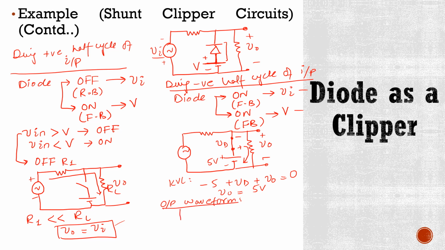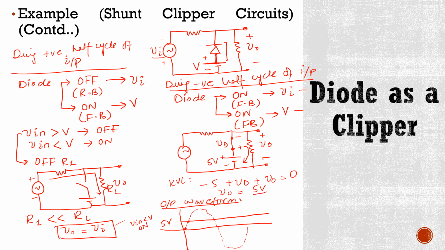We know that our input signal was like this, and if this is our transition voltage, which is 5 volts, we know that when V in is less than V, that is 5 volts, the diode will be on. It means from this point to this point the diode will be on, and when the diode is on, V naught is 5 volts.